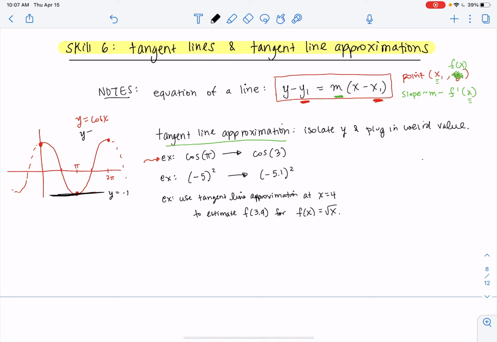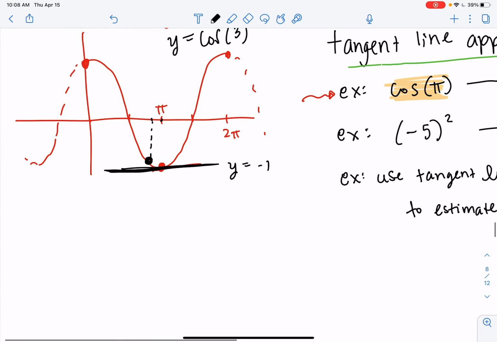That is a weird question, right? Cosine of 3? We're used to finding things like cosine of pi because I could plug that right in. But cosine of 3 is about -0.98999. It's not pi, but it's close to pi. So this is 3, and that's pi, 3.14.